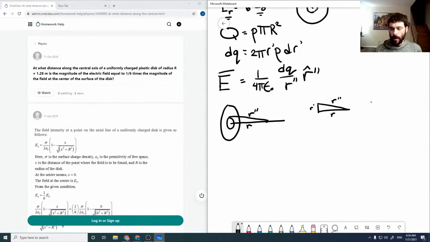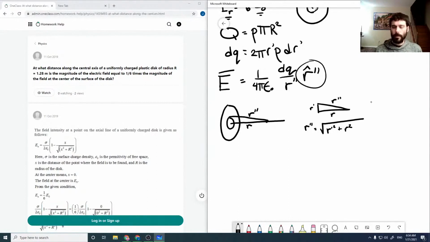And so we can readily see here that our r double prime is the square root of r prime squared plus r squared. So that's from Pythagoras. Okay, so that's that. We can deconvolve our double primes.